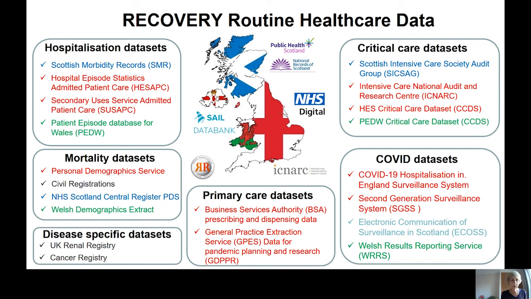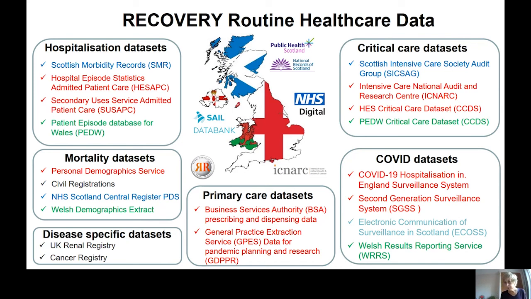So there were hospitalization data sets from England, Wales and Scotland, mortality data sets, as you can see there, disease-specific ones, particularly for cancer and renal registries, and primary care data sets, which were allowed to be accessed because of the pandemic, but that has not, at the moment, been propagated beyond the pandemic. Then there were critical care data sets and obviously COVID specific data sets.